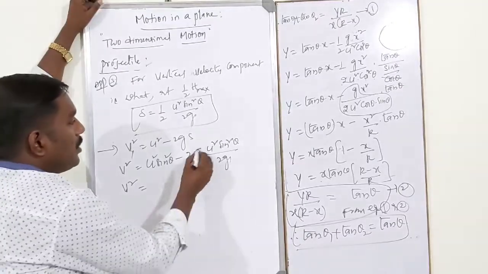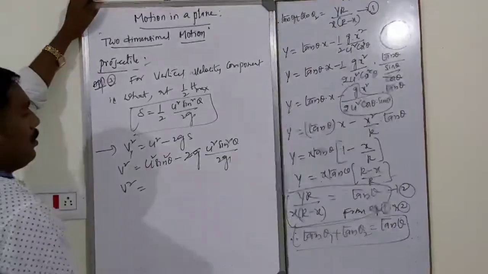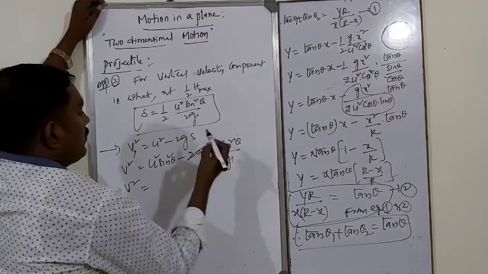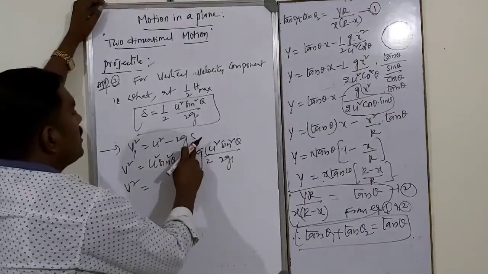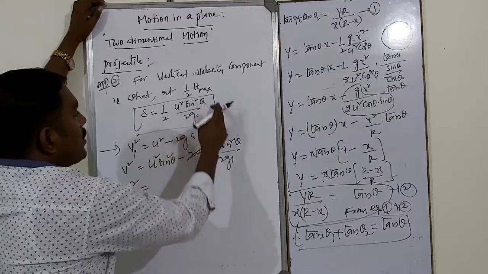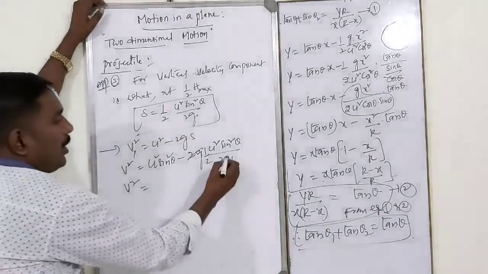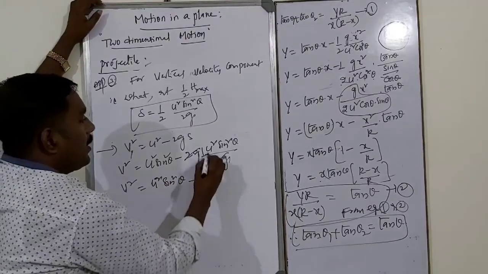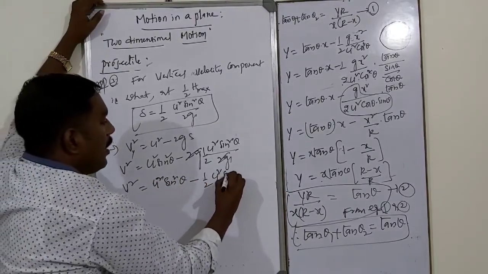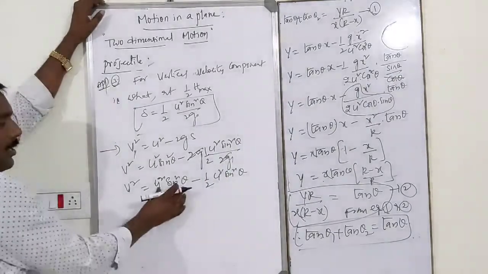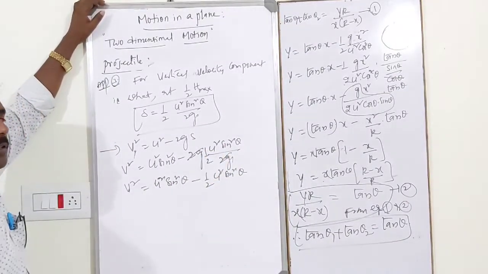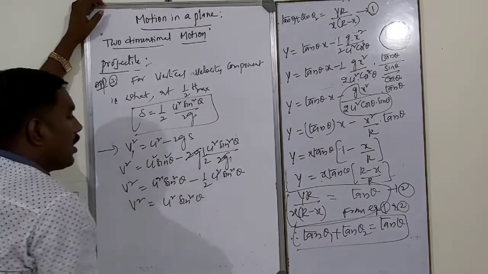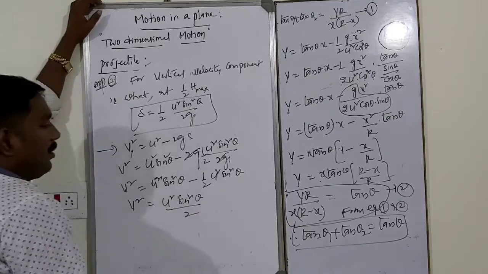V square is equal to u square sin square theta minus 2g times s, where s is 1 by 2 u square sin square theta by 2g. So 2g cancels out. Finally, u square sin square theta minus half of u square sin square theta is nothing but u square sin square theta by 2, that is 1 minus 1 by 2.